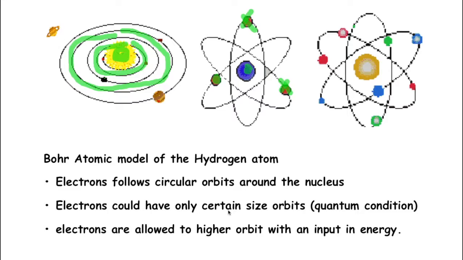Electrons can only have a certain size orbit, and electrons allowed to a higher orbit can go to a higher energy. These electrons can go to a higher energy orbit if they receive certain energy, either light or some sort of other energy to pump them up.